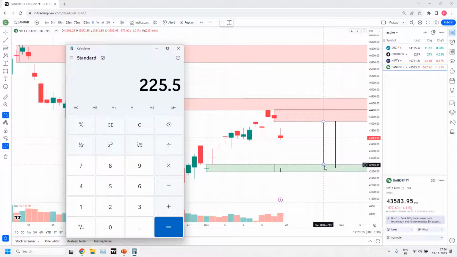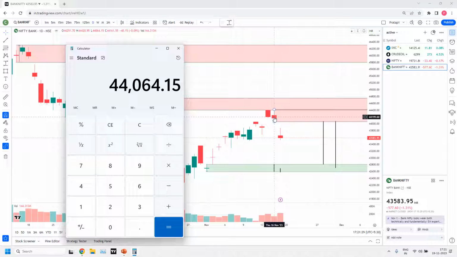Now let us calculate the reward. What is the reward? The supply zone low minus this demand zone high. In the supply zone, how many candles do we have? Only one candle, the base candle. So the low of this candle. What is the low of this candle? 44,064.15.